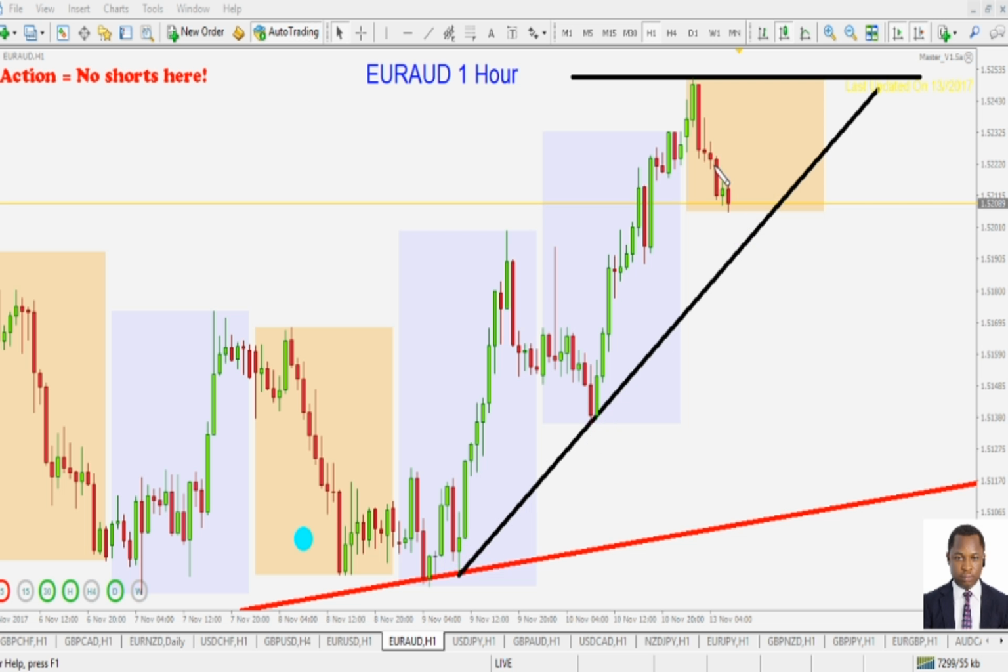It could also be a fake breakout, where it breaches through the trend line and then immediately comes back up to close. This is the one that we prefer the most, a fake breakout of that trend line for a continuation of this trend to the upside.